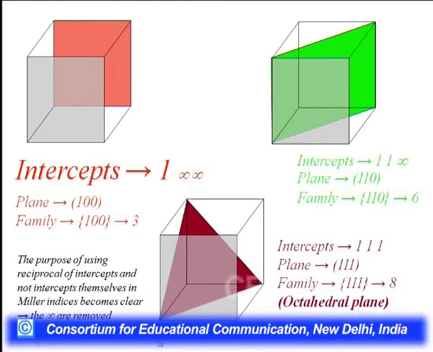Now we consider this triangle, where the axes are cut at intercepts 1, 1, 1, then we define the plane as 1 by 1, 1 by 1, 1 by 1, or we can write it as 1, 1, 1, then the family will be H, K, L all ones, and we have 8 planes in this family.